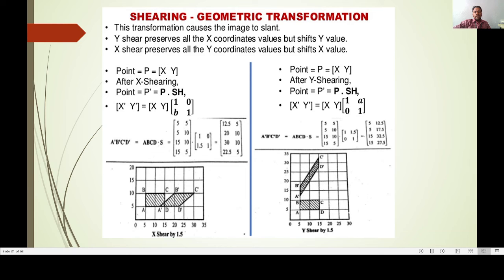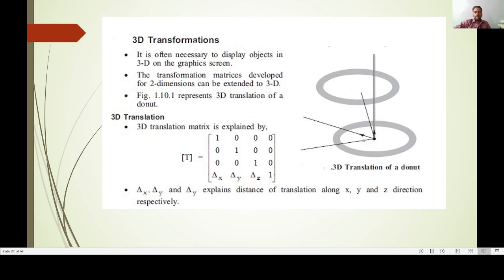Next, the point P is x comma y. After y shearing, P dash is P into SH, so x dash, y dash equal to x, y into 1, A, 0, 1. X shearing means it shifts the x value and y shearing means it shifts the y value.